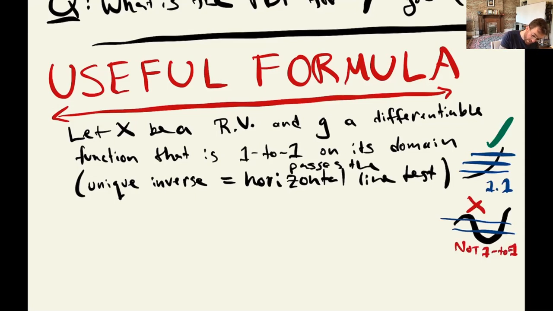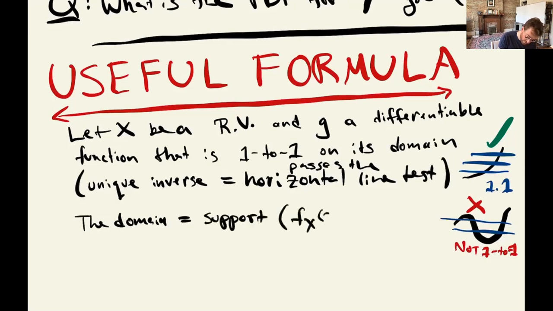All right. So assuming you've got a differentiable function that's one-to-one on its domain, and we think of this domain as being the support. This is the place where f of x, little x, is not equal to 0.